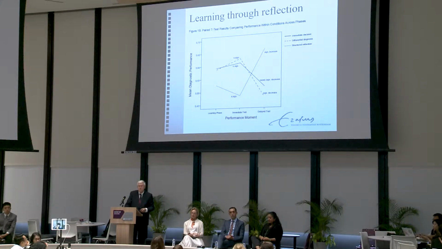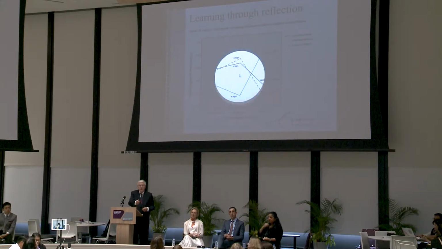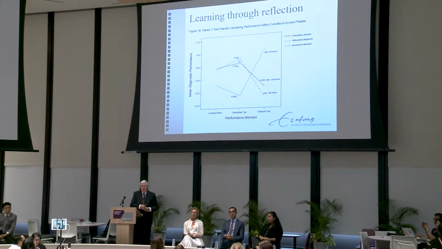And then in an immediate test where they would receive cases with the same type of disease but different cases, you see that this deliberate reflection group is doing, again, poorer than the other 2 groups. But then a week later, you see the reverse.